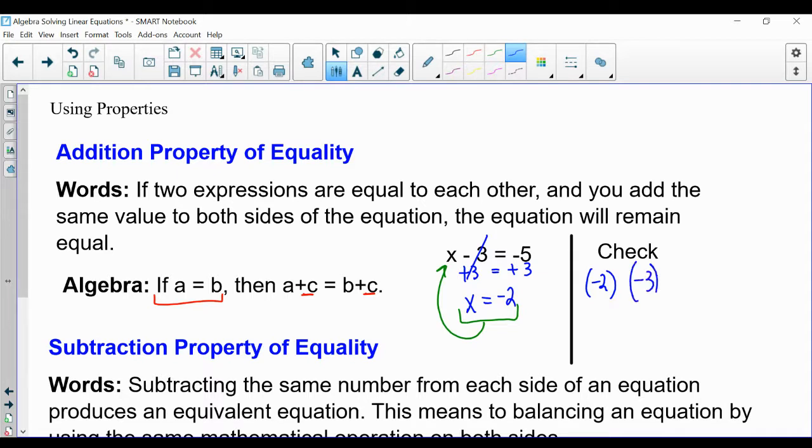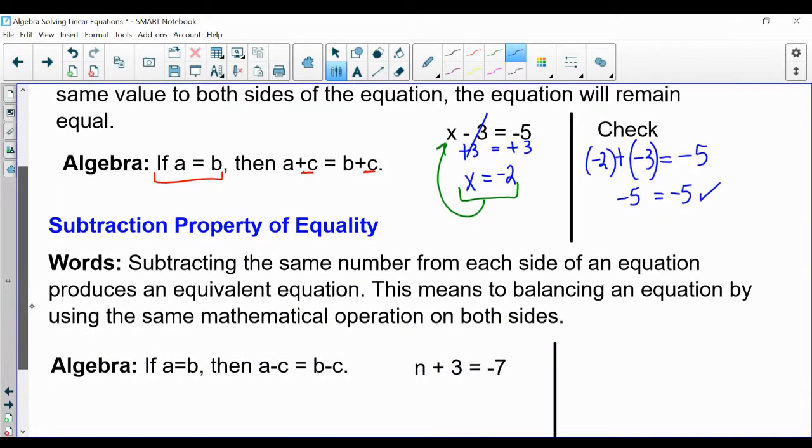I'm going to add those two together because the signs are the same. When I add the 3 and the 2 together, they're both negative, so my solution is a negative 5. That's the addition property of equality.